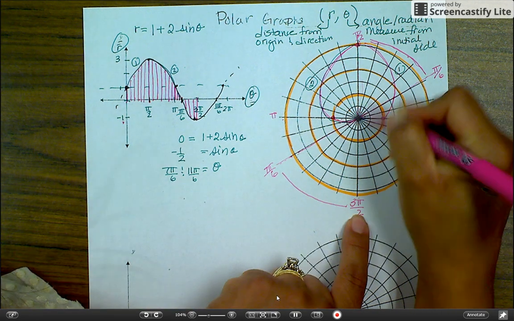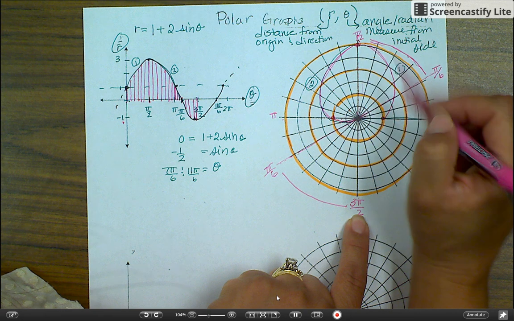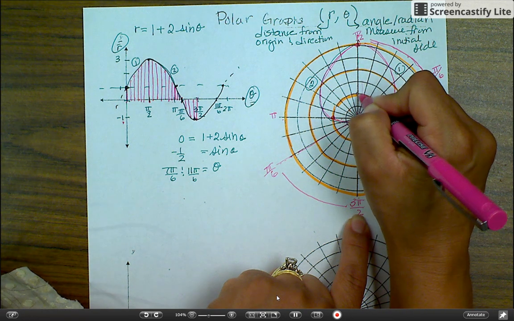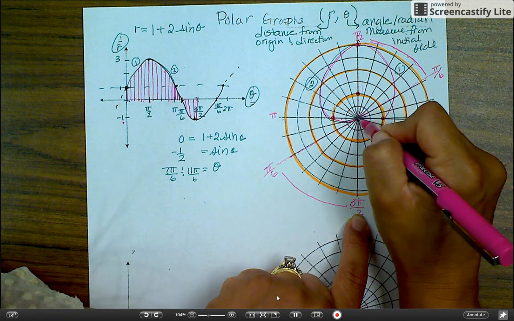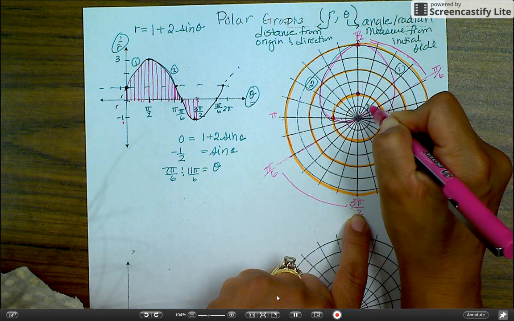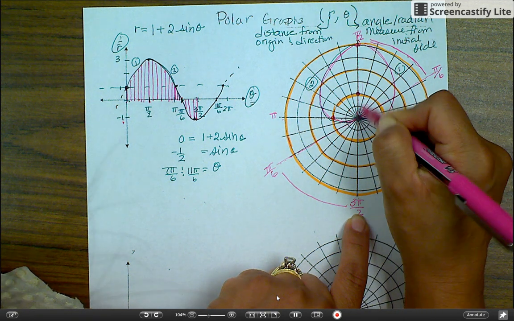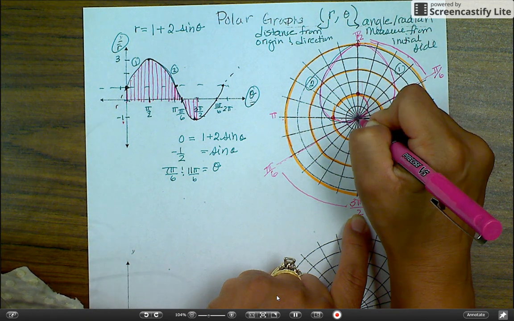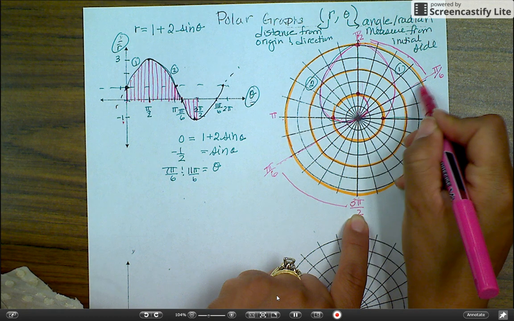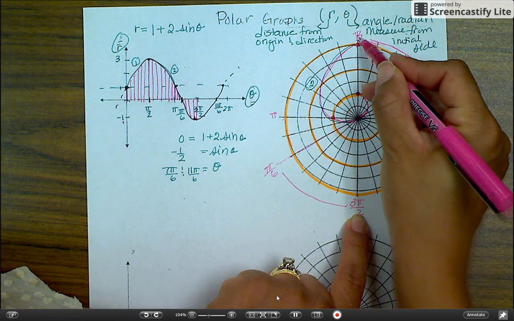So the opposite of 3 pi over 2 is going to be in this spot, pi over 2, and it's a length of 1. So that would be my point there. I'm going to increase, little by little until I get to 1. So notice, I was in between pi over 6 to pi over 2.